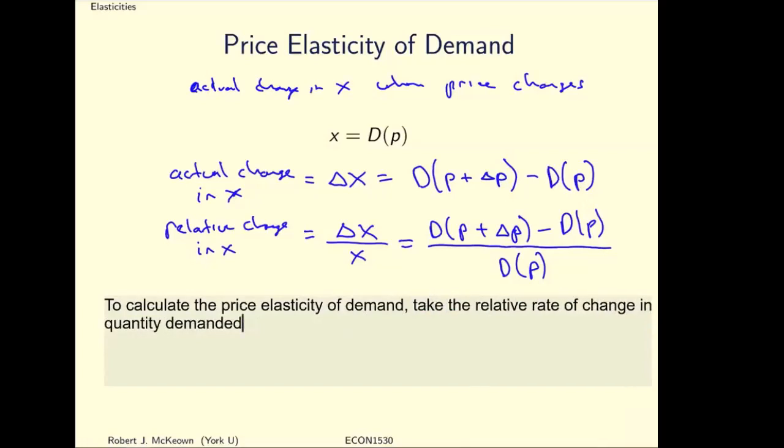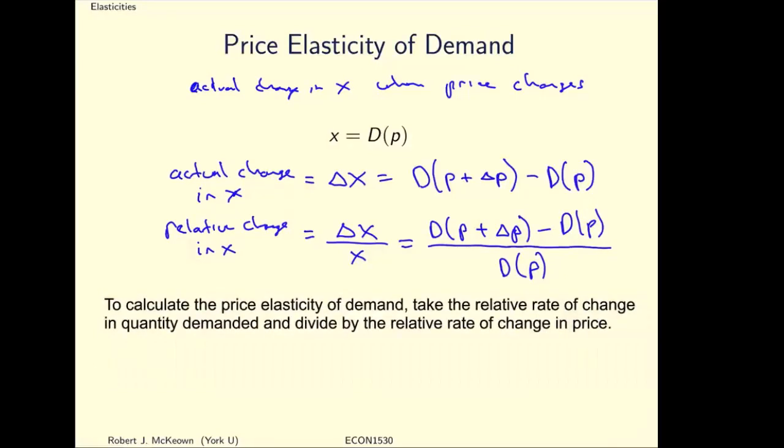Take the relative rate of change in quantity demanded and divide it by the relative rate of change in price. So we're going to have the relative rate of change in quantity demanded, and we want to divide this by the change in price over price itself, and this gives us the price elasticity of demand.